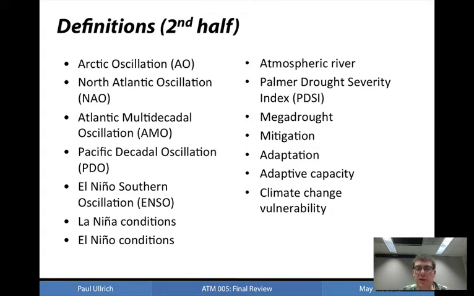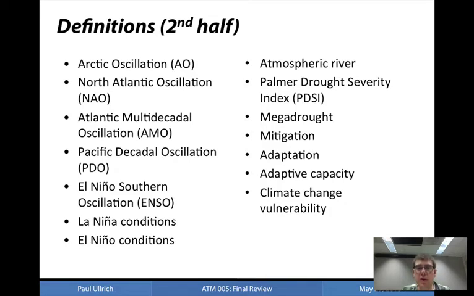We also discussed the North Atlantic Oscillation, which is an oscillation in the ocean system, which is closely connected with the Arctic Oscillation. We discussed the Atlantic Multidecadal Oscillation, again an oscillation in the ocean system associated with about a 1 degree change in sea surface temperatures. The Atlantic Multidecadal Oscillation is a strong determining factor on the strength of tropical cyclones in the Atlantic.